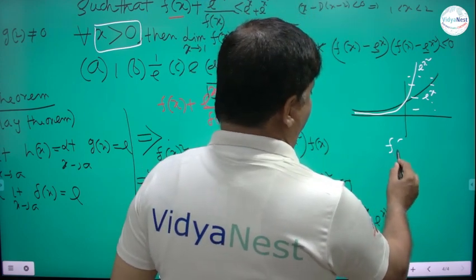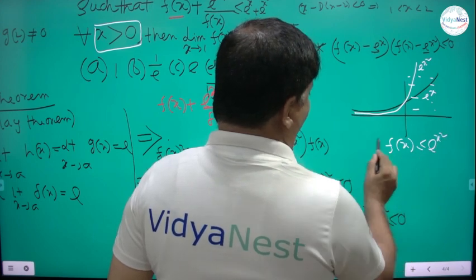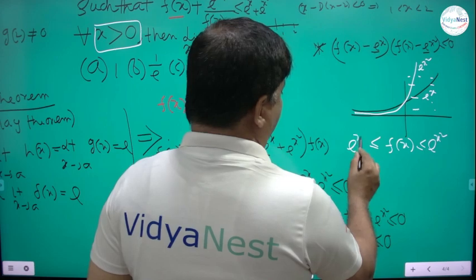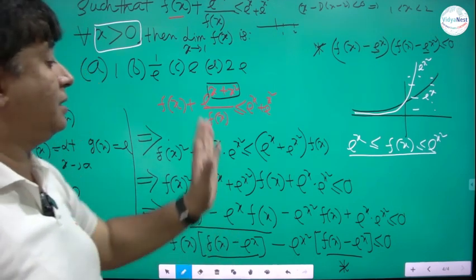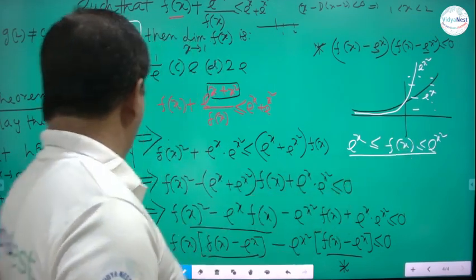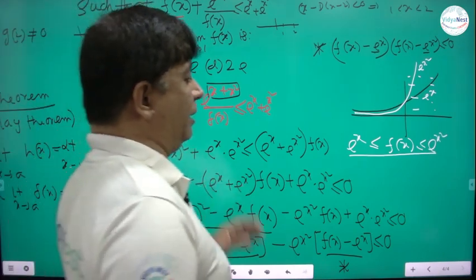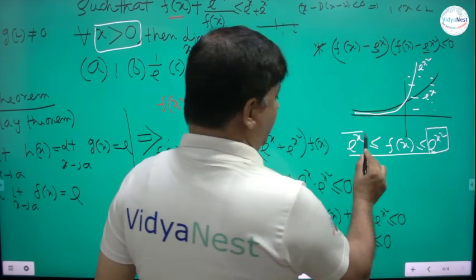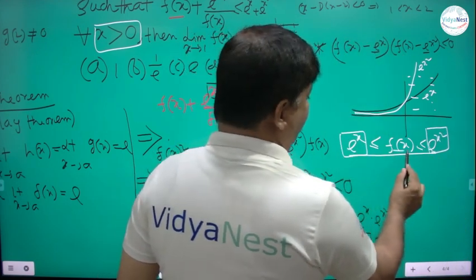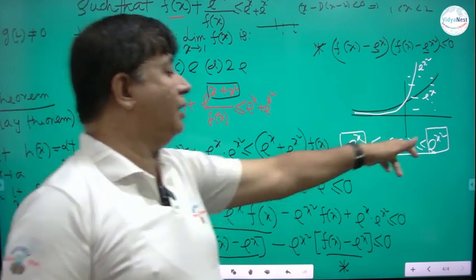So f(x) lies between e to the power x square and e to the power x. So it gives us the semblance of the sandwich theorem: the uppermost curve, the lowermost curve, and f(x) is squeezed or sandwiched between these two curves. Understand?